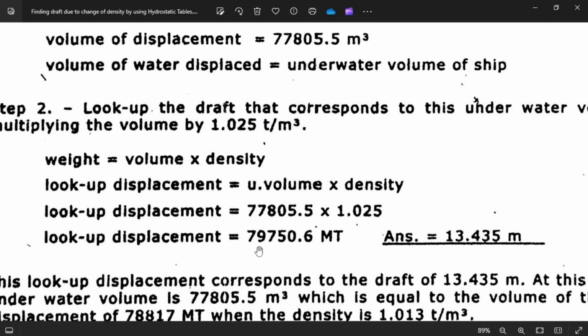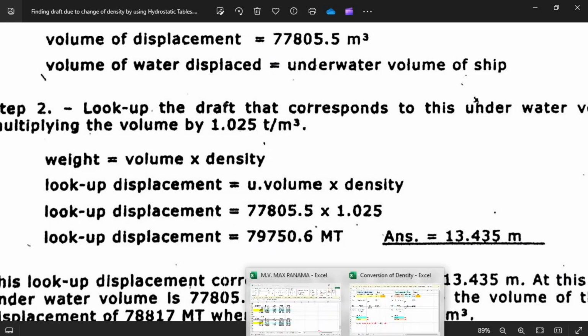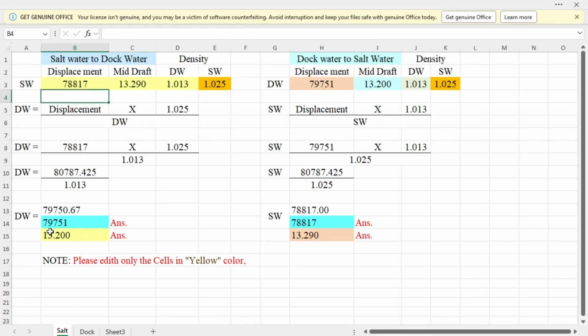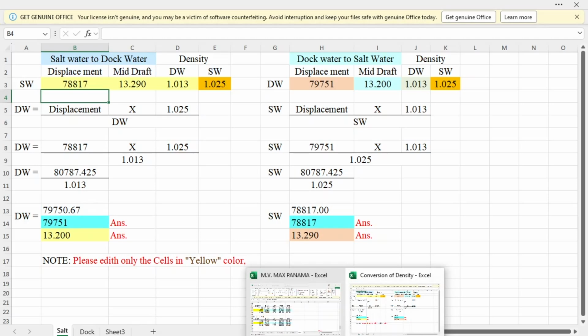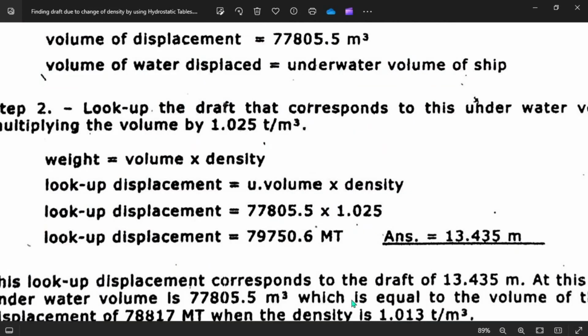this one, 79750.67. But we have here 0.6 only.